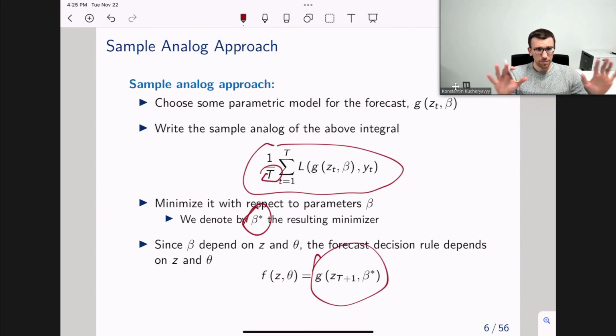Okay, so that's about the sample analog approach, but potentially it can always be used. And in many contexts, you're doing it without even thinking about it.